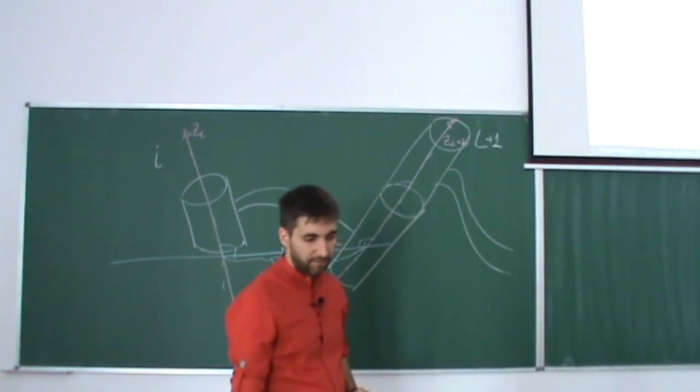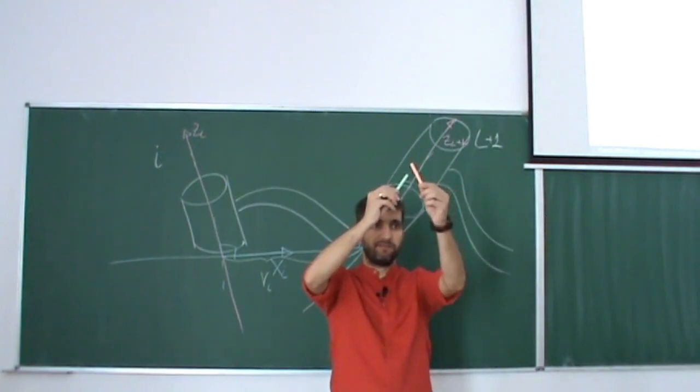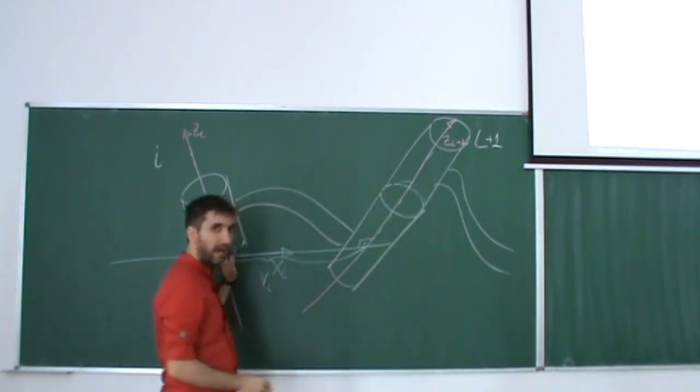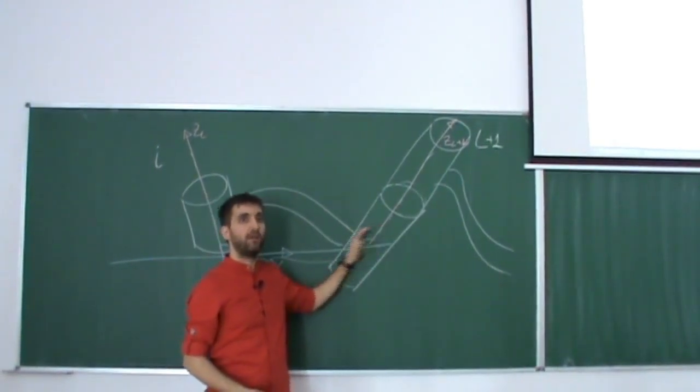What do you mean, smaller or bigger? So I have Zi plus 1. Okay, very good question. It's basically the angle starting from Zi and going to Zi plus 1 along xi.